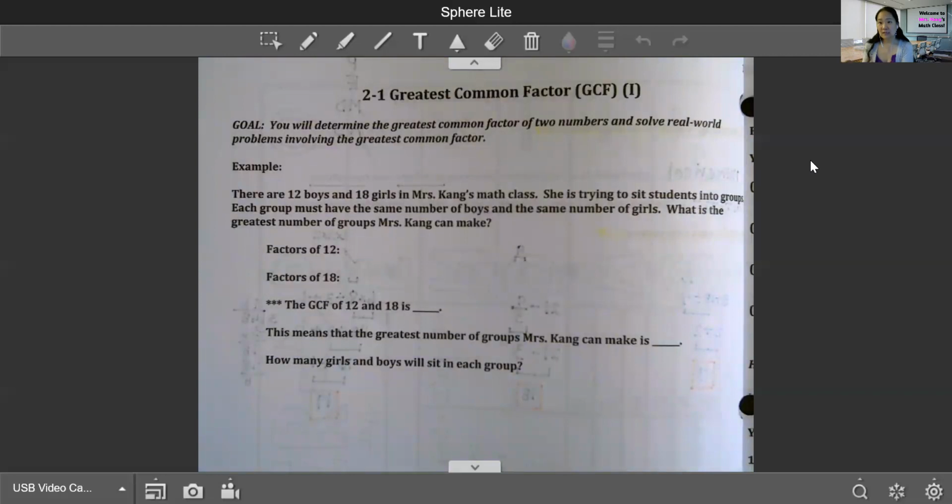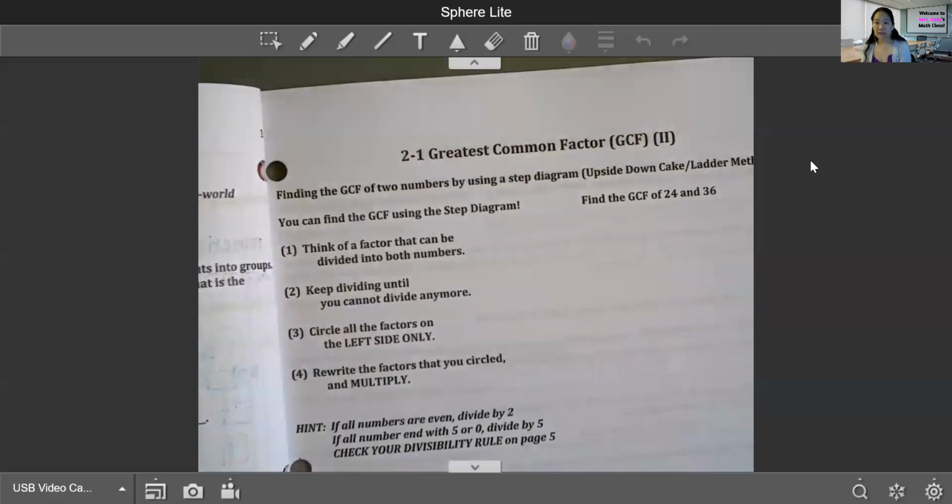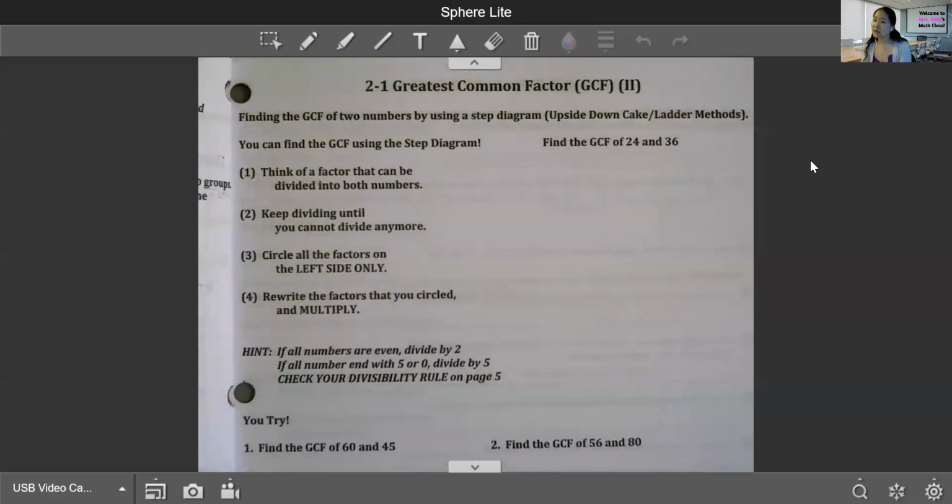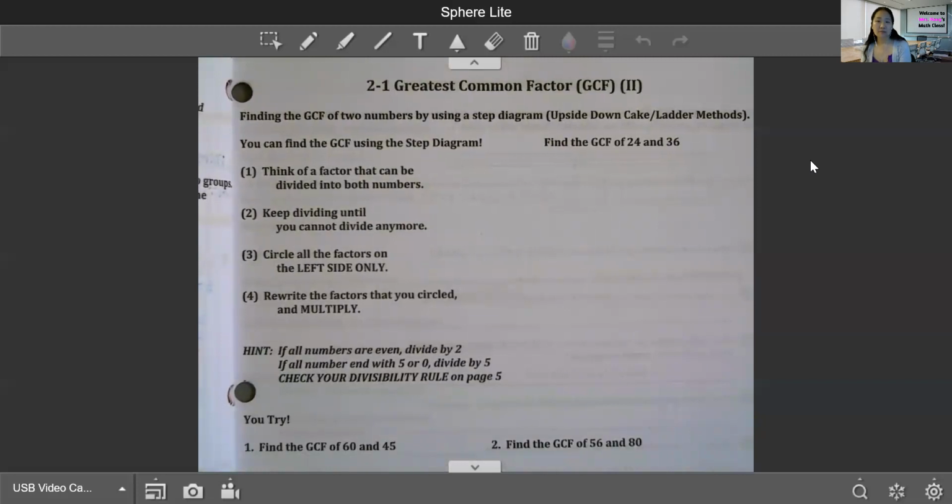This first page shows how to find the greatest common factor by listing the factors, okay? After that, I'm going to show you a different way that, once you get used to it, becomes a very easy and helpful way to find the greatest common factor.